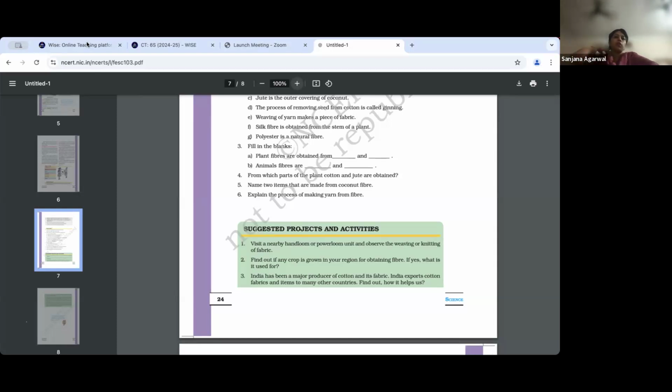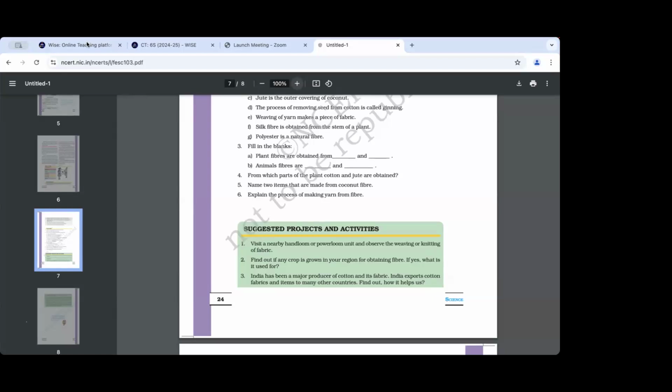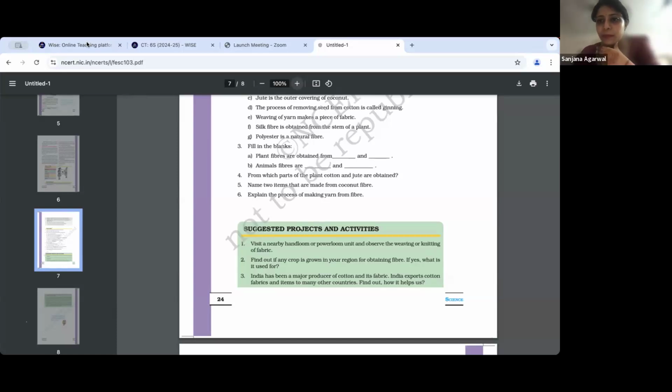Now you tell me, you all have one sewing box at home if we need to sew something at home, okay? The yarn is wrapped on some cylindrical structure. What do we call that? Bobbins. BOBBINS. Note down. What are bobbins?